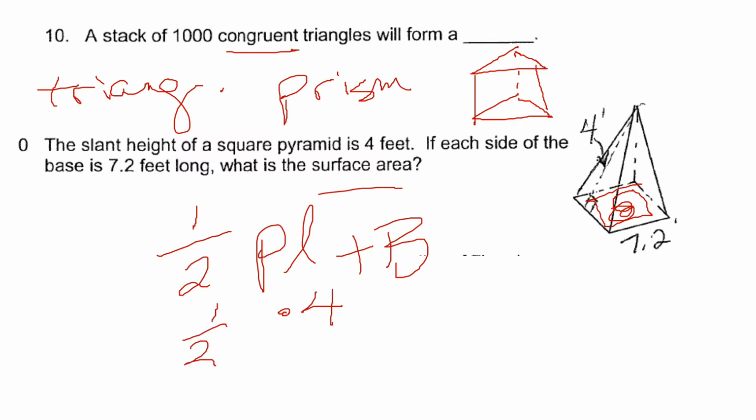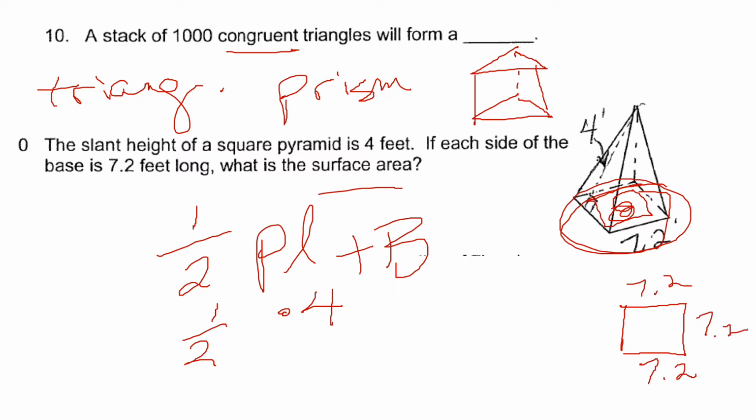And then the rest of it, focus right here, that's the rest of the problem. It is a square on the bottom that is 7.2. I want the perimeter of that. Perimeter, that little square. 7.2 times 4, because there are 4 sides of it. And that gives you 28.8. We're going to multiply it times that height for 4.